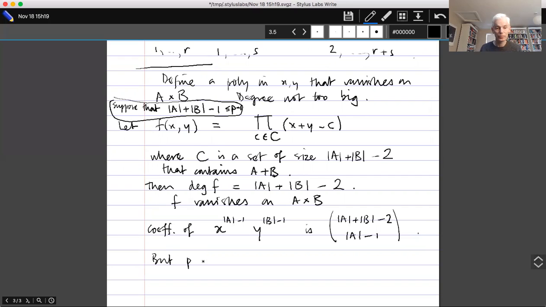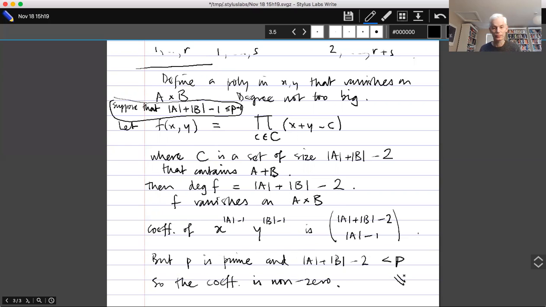But p is prime, and |A|+|B|-2 is less than p. So this binomial coefficient doesn't have a factor p. So the coefficient is non-zero. And that's a contradiction.